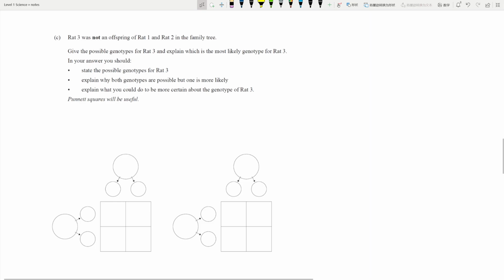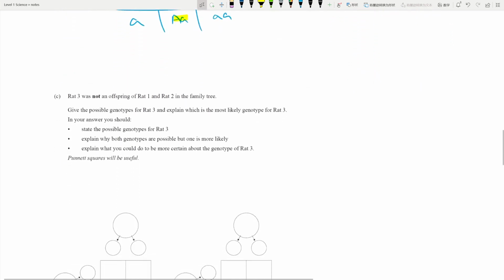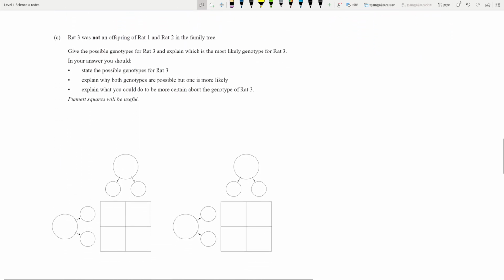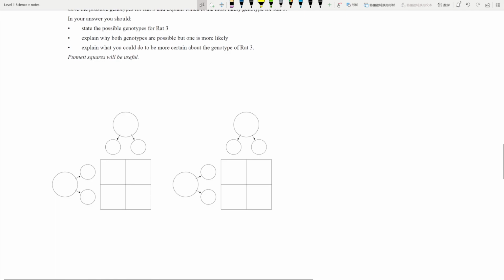Rat 3 was not an offspring, so we're looking at rat number 3. We kind of jumped ahead with the question. If we look at the chart here, let me just rub this out, and ask what is the possibility for number 3? We know rat number 4 has to be small a, small a.